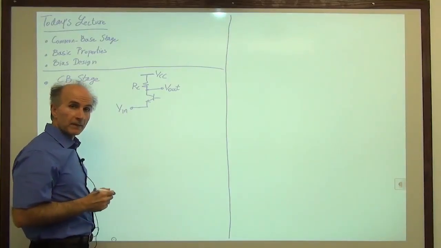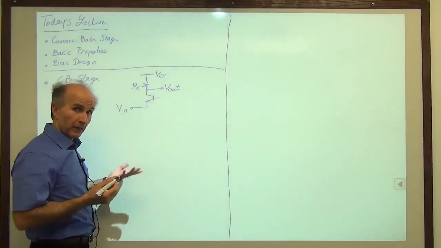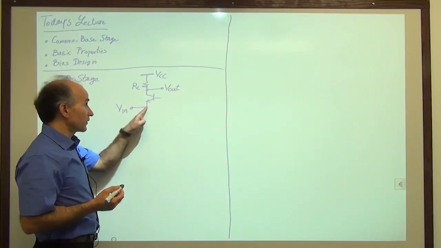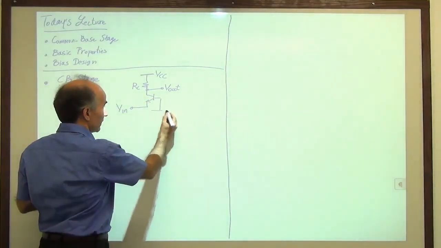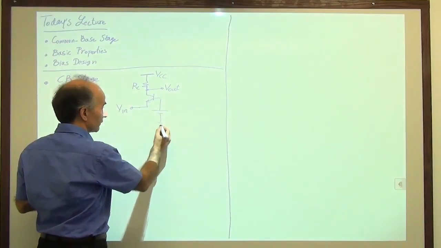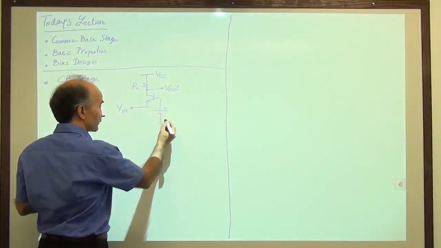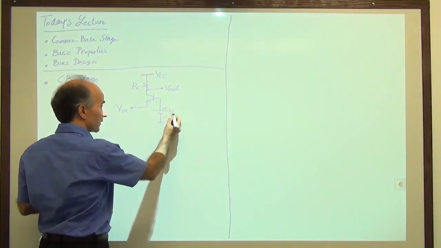What do we do with the base? Well, the base needs some sort of bias, because after all, this junction has to be forward biased. So we add a battery from here to ground for now, and later on we'll have to see what to do with it. So we'll call this V0.